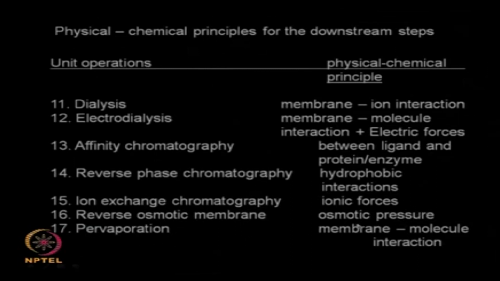Then we have pervaporation, it is based on membrane and molecule interaction. So, here you see many membrane processes are there, starting from dialysis, electrodialysis, then we have pervaporation, osmotic membrane. These are chromatographies and these are membrane based processes. So, we have interaction between the ions, interaction between the ligands, which gives you the physico-chemical principle of separation.